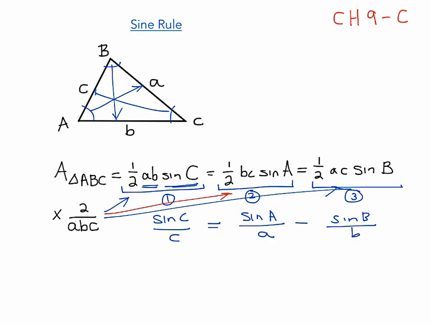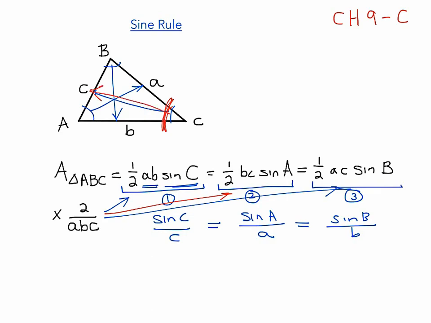All of these proportions remain the same. So sine C over c is equal to sine A over a, which is equal to sine B over b. This is called the sine rule. Going back to the triangle, sine C over the small letter c is opposite of this side.